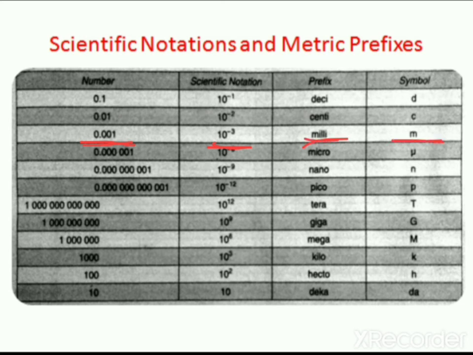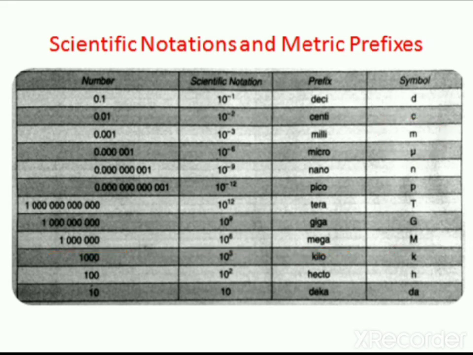Like that, for the second section we can see 10 lakh number is here. So for that we can write in scientific notation as 10 raised to 6 and prefix is mega and symbol is capital M. Small m is for milli.